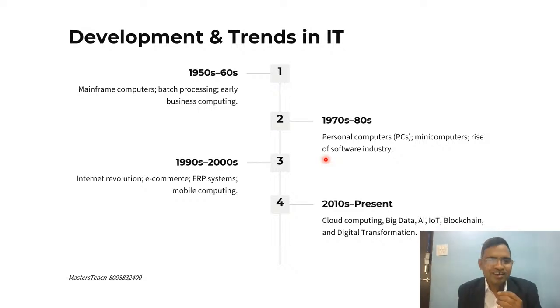So e-commerce, ERP, something like that came, even mobile also came in 2000. Okay, from 2000 to the present, now it is 2026, cloud computing, big data, artificial intelligence, internet of things, blockchain, and digital transformation. Okay, so these are the development trends in IT.